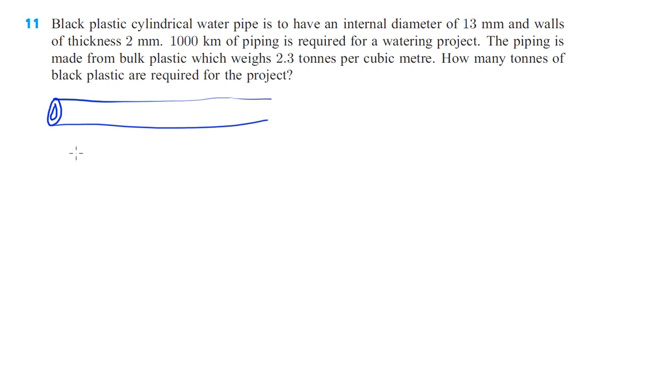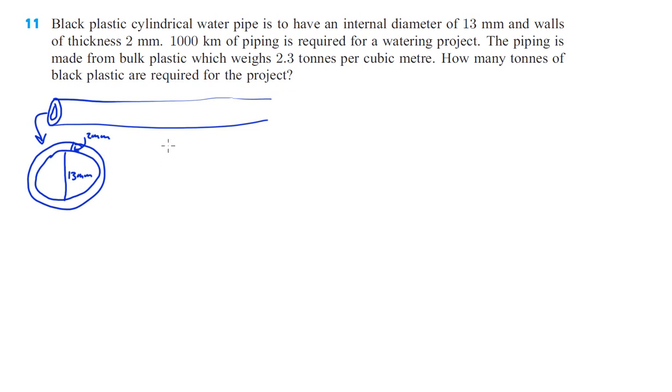Okay, so if we take a closer look at this pipe end here, this is what our pipe looks like if we're looking down through the pipe, right? It's got an internal diameter of 13 millimeters, so here to here is 13 millimeters, and then it's got a 2 millimeter thickness, so this here is 2 millimeters. So we've got to figure out the volume of all of this plastic, right?